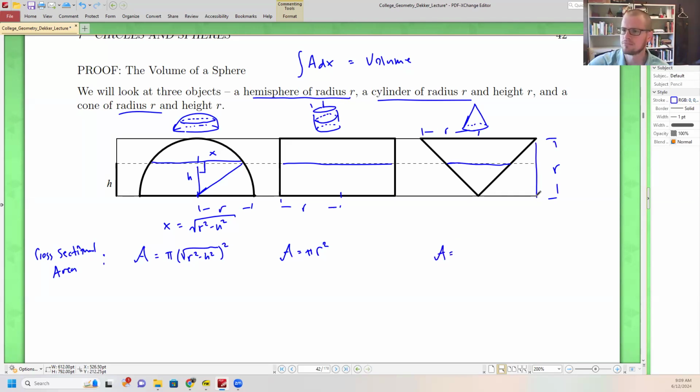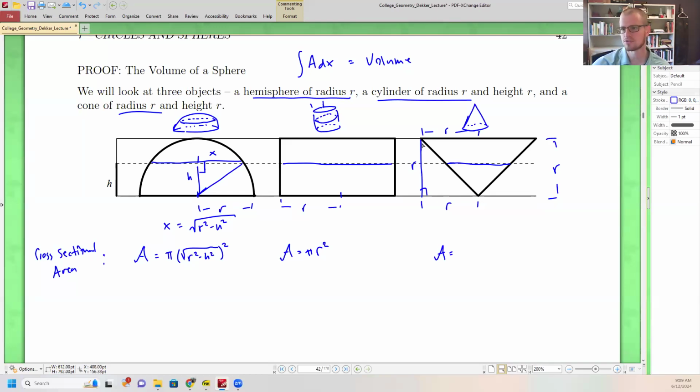well, again, if we recognize that this distance is r, maybe let's draw the triangle over here. So we have this distance is r, this distance is r, which means this distance, of course, is r. So I have here a right triangle.